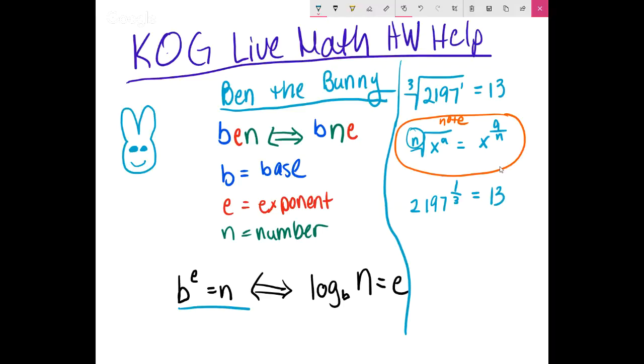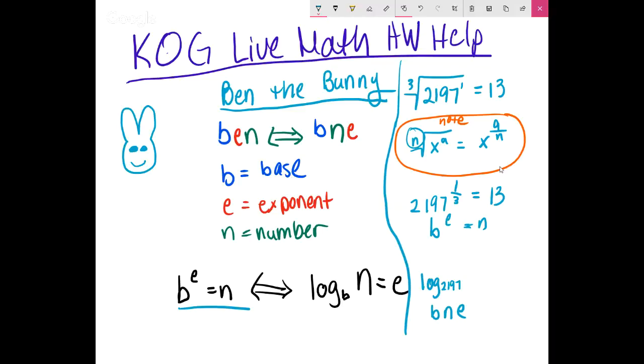Now we want to go ahead and write it in logarithmic form. So this is in Ben form. We want to write it in bunny form. Okay, so we start with log. Our b, or our base, is 2197.